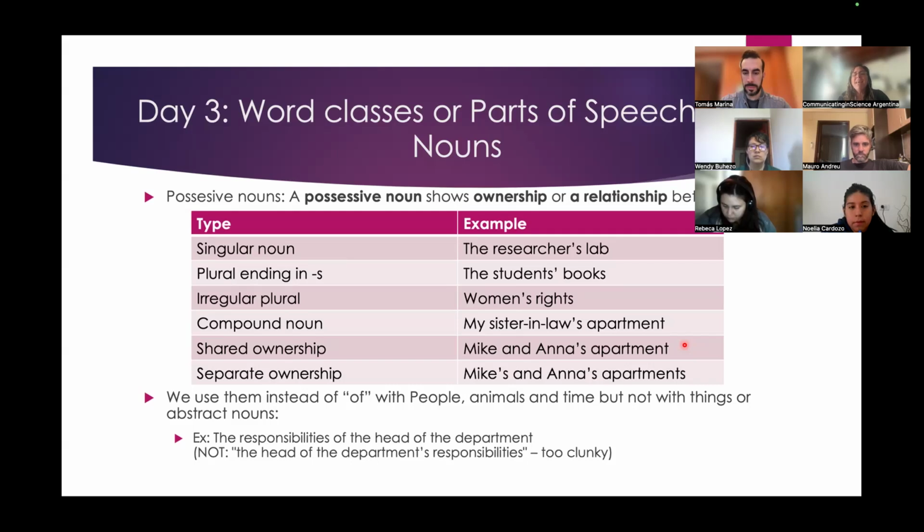If we say the head of the department's responsibilities, it's too clunky, yeah, because we are putting our apostrophe S after department, and this is all a noun. The head of the department is the whole thing. So if we put it here at the back, it's confusing. Yeah, it doesn't sound good.